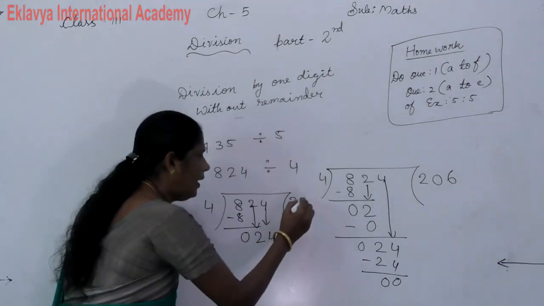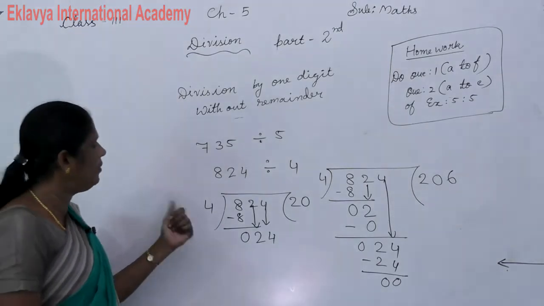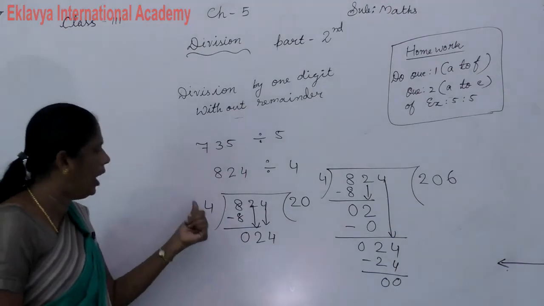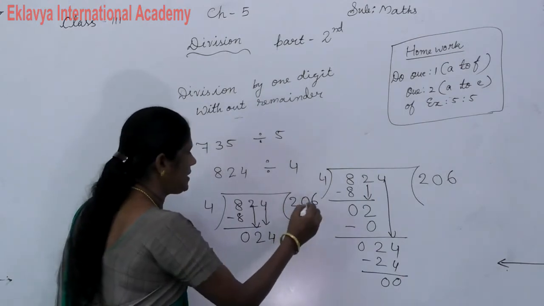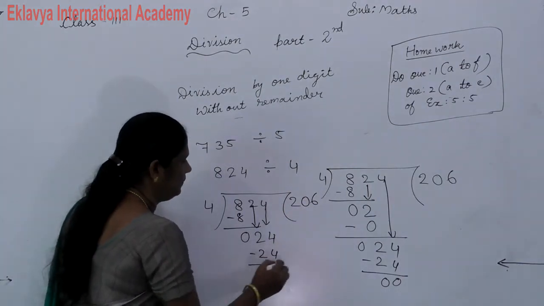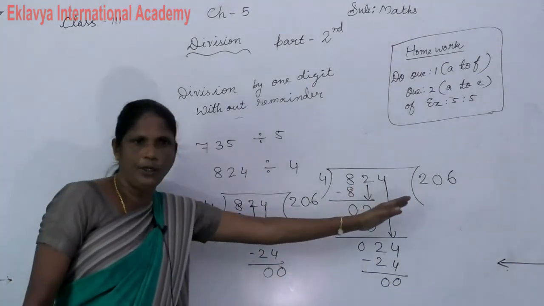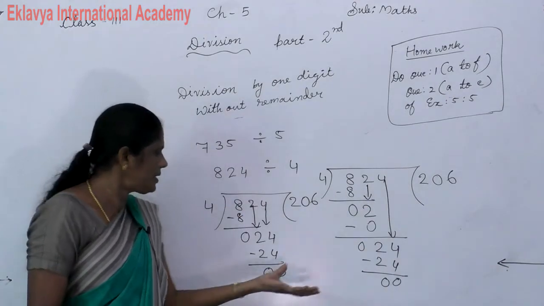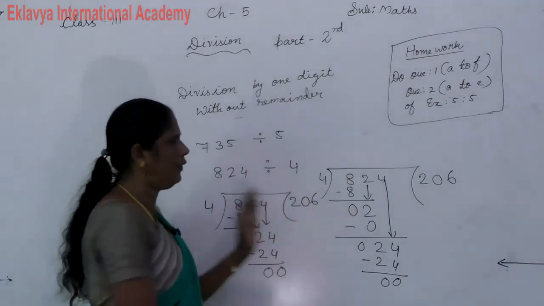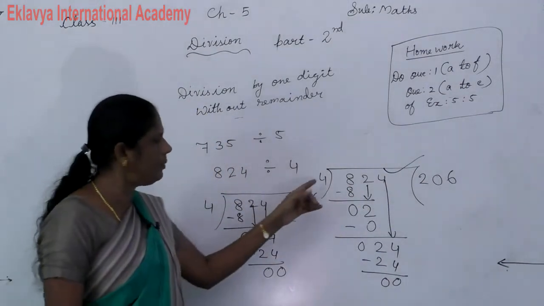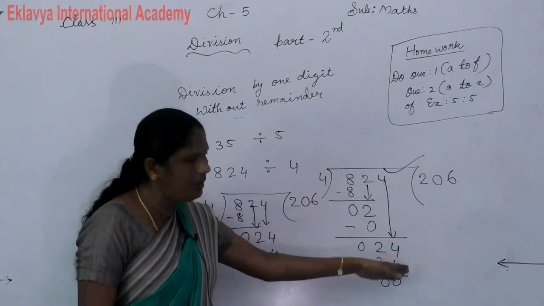We put a 0. Now the table of 4, how many times come in 24? 6 times 24. Then 0 0. Which method is easy? You follow this method. In the other method you may make a mistake. First you write 4 0 ja 0. Then you minus this. Then now 4 comes downside.